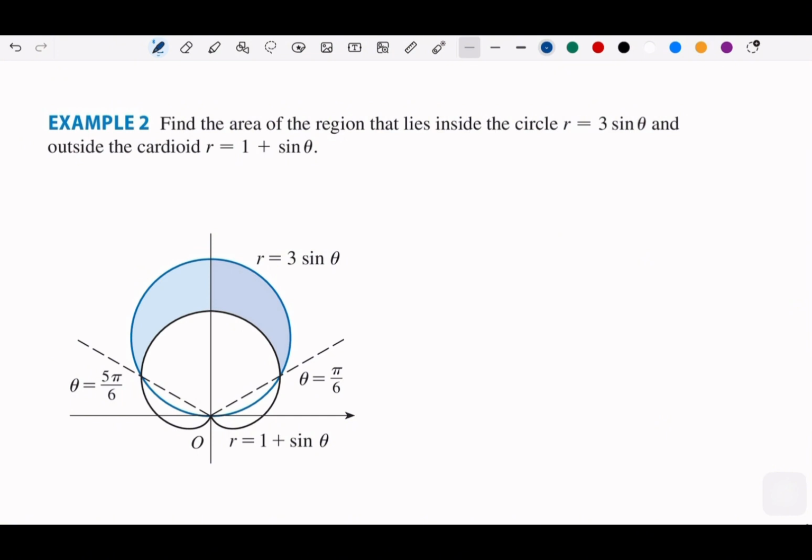But I think if you're just subtracting the circle and cardioid, you will miss some area. So this could be done by finding the intersection. So this is the intersection.